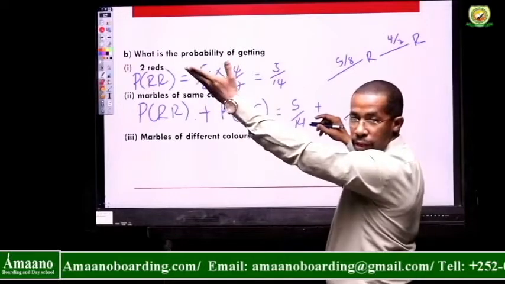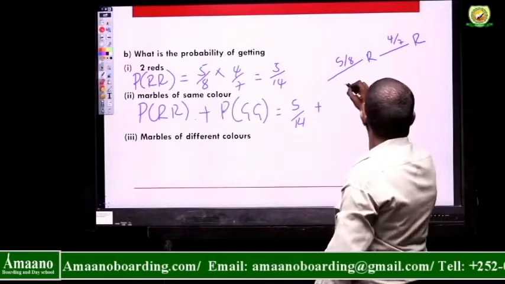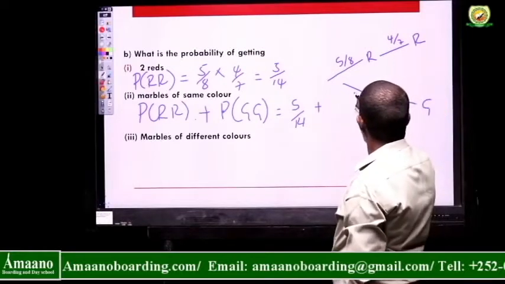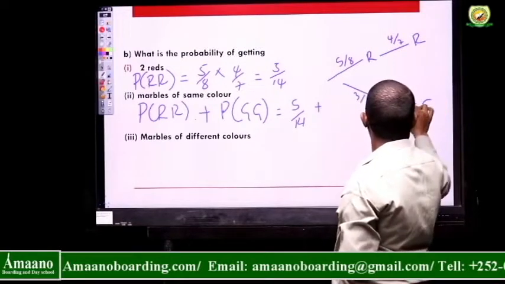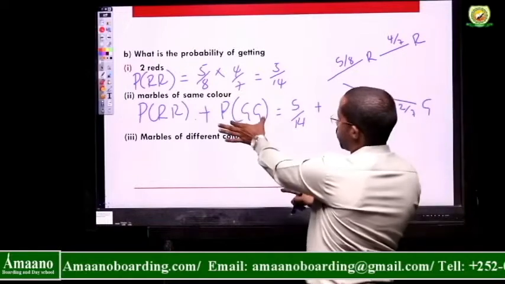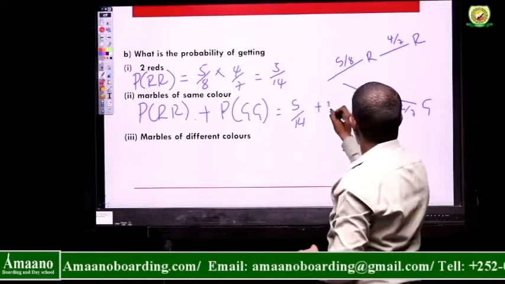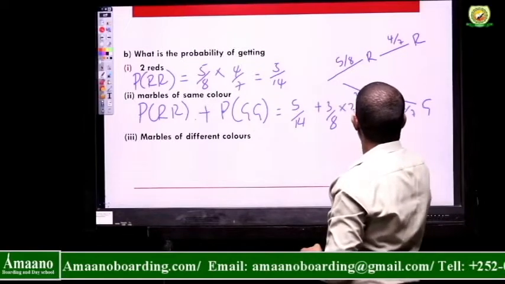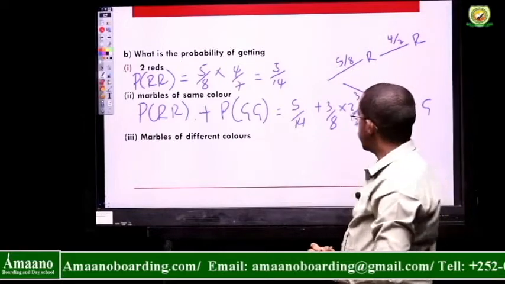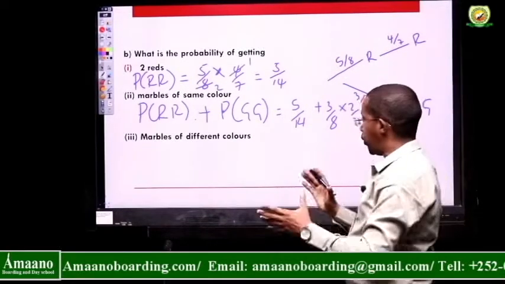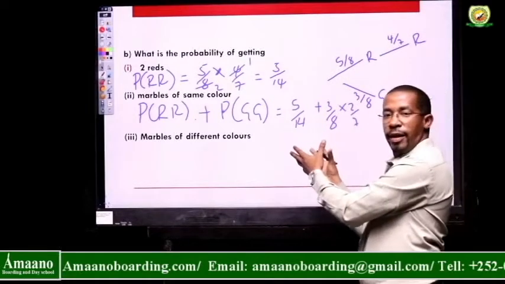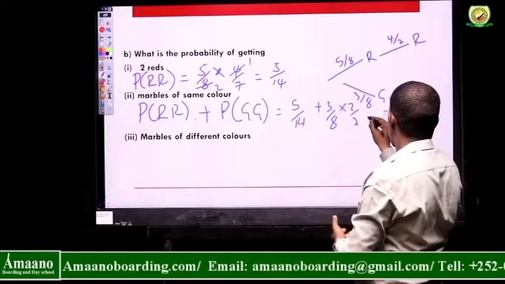Go to the probability tree diagram, look at that part where you have G and G. The first one was 3 over 8, and the next one is 2 over 7. So you multiply these two numbers to get the probability of green and green. So I'll say 3 over 8 times 2 over 7, then you add, and then you sort out. Now, you put this into the calculator, you get your answer.